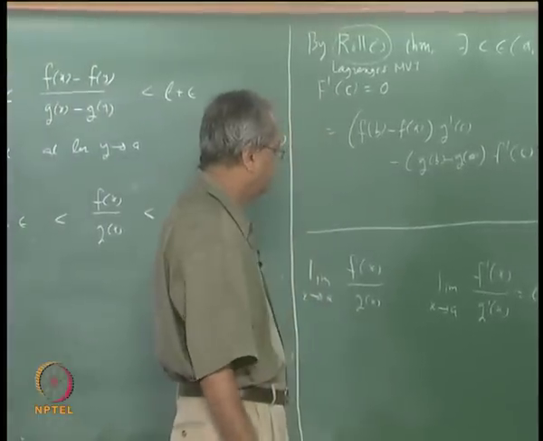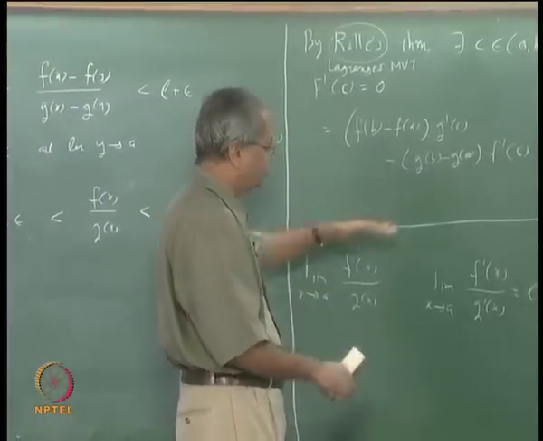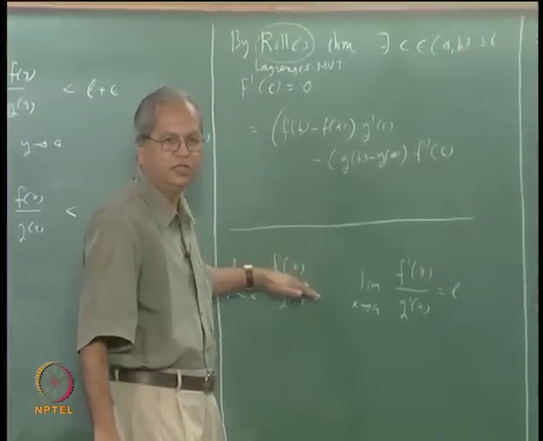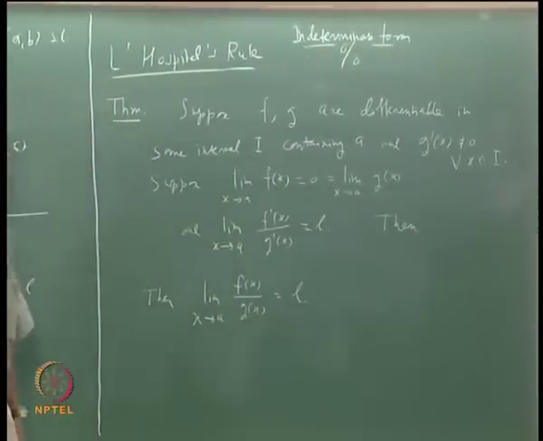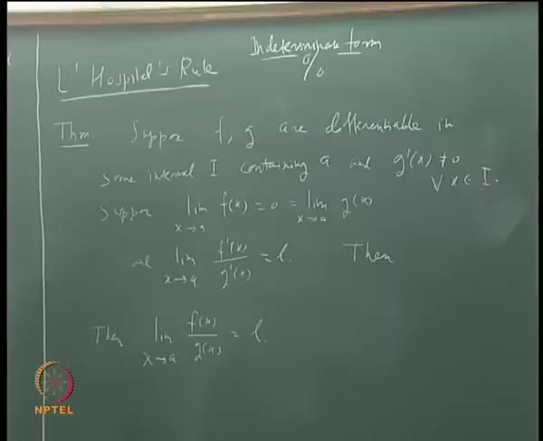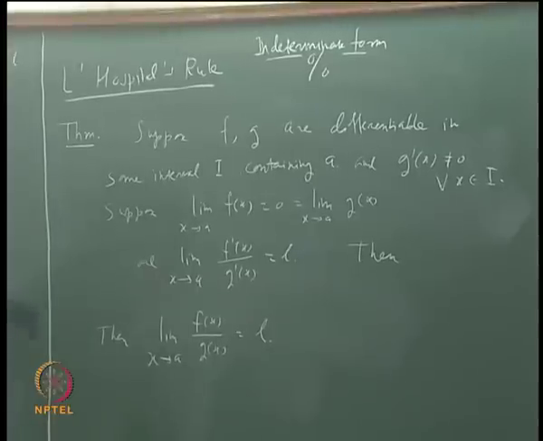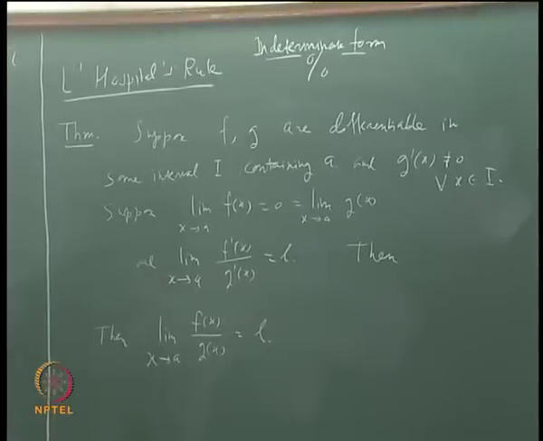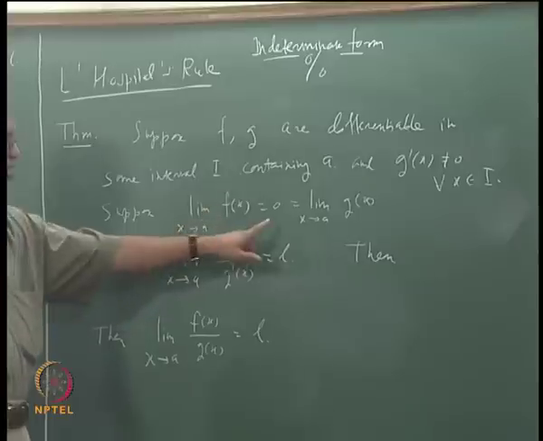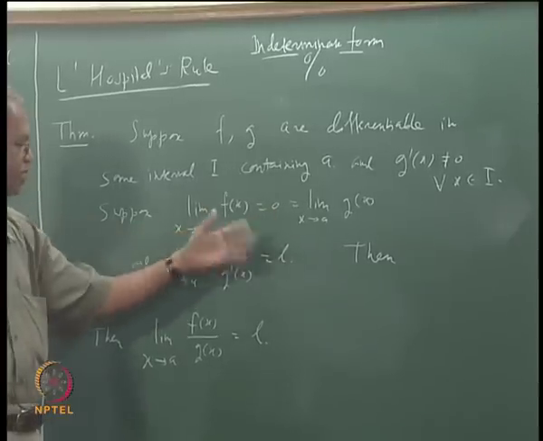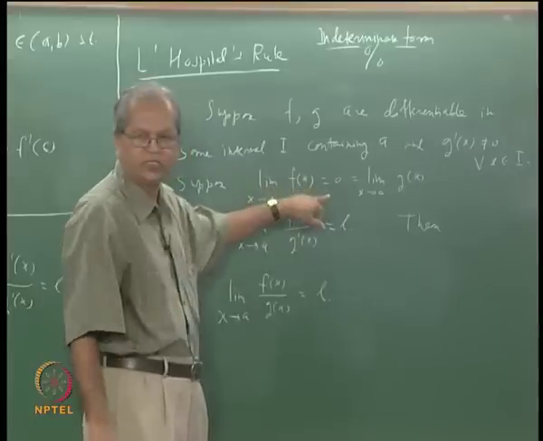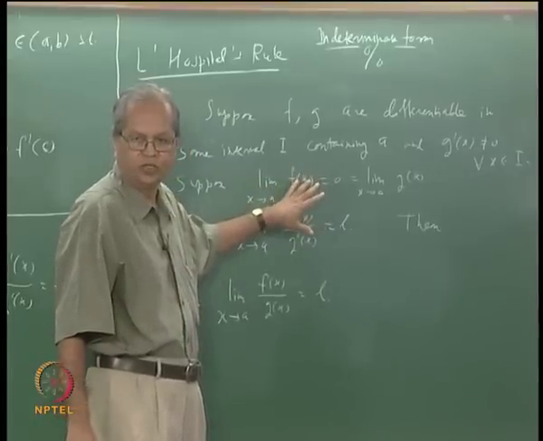Now I will give you an exercise. If you have followed this proof, then do the same thing for the infinity by infinity form. Just try to imitate whatever we have done. There will be only one change here: this will be replaced by infinity. I believe you know what is meant by saying that the limit of f(x) as x goes to a is infinity. Use the definition. What is the definition?